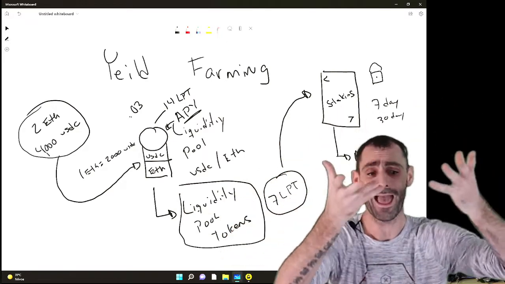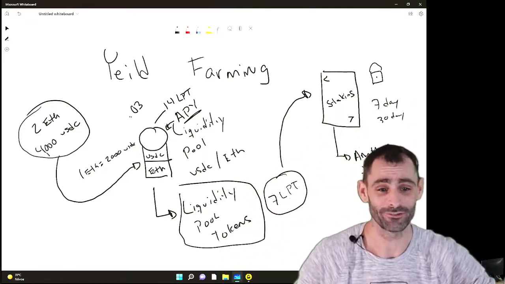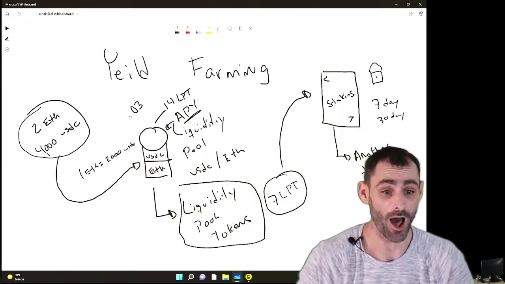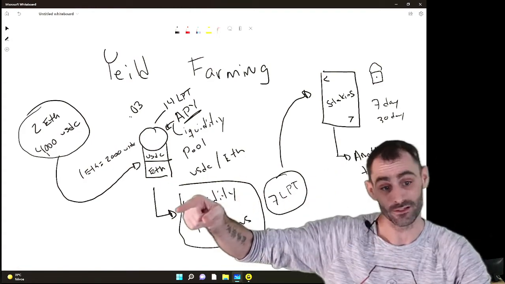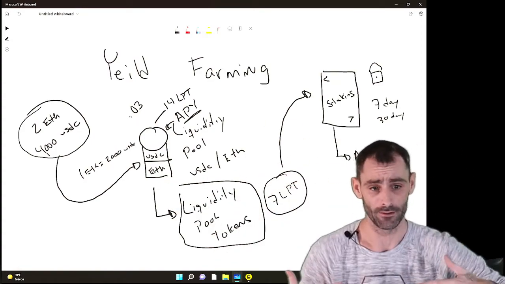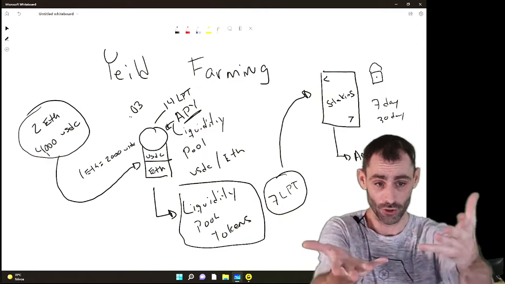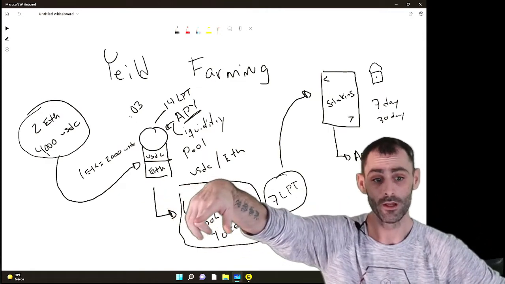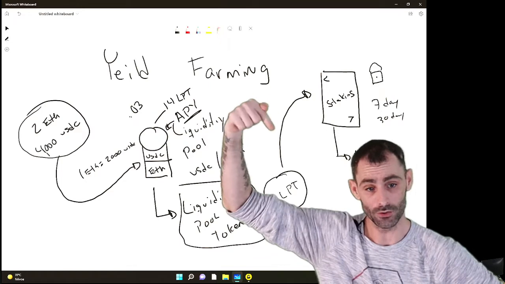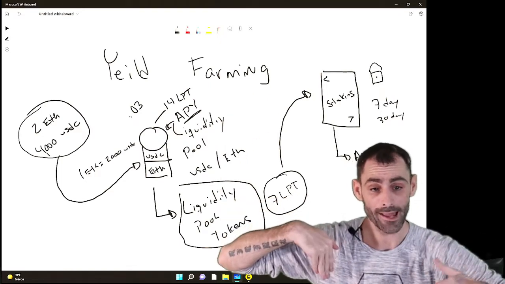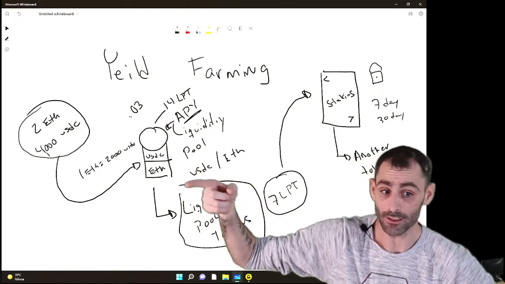Uniswap doesn't want to have hundreds of millions, even billions of dollars of their own capital sitting in these pools so people can trade. It's decentralized. It's your money that's sitting in these pools. So if people are going to use Uniswap to trade assets, there have to be liquidity pools.